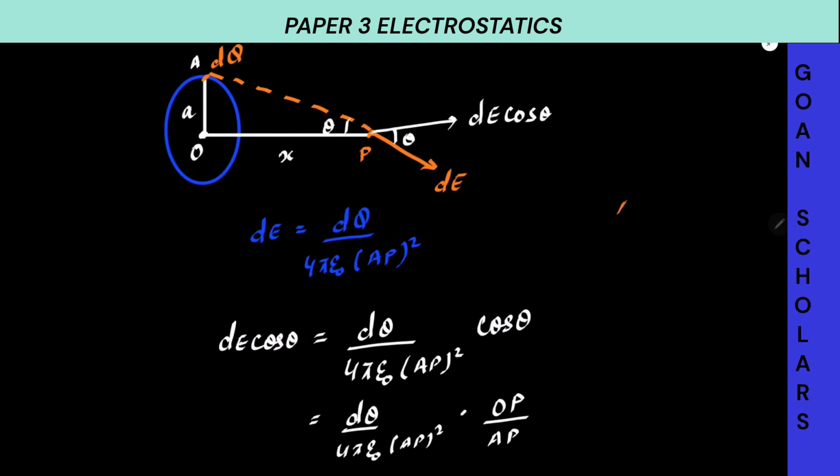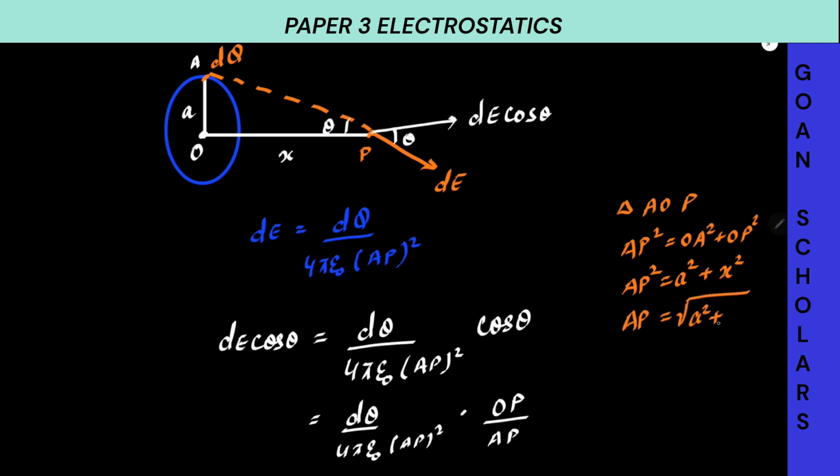So if you use the triangle AOP, AP squared will be equal to OA squared plus OP squared. So OA is a, OP is x, that is our AP squared. Great. And what will be our AP? Root under a squared plus x squared.